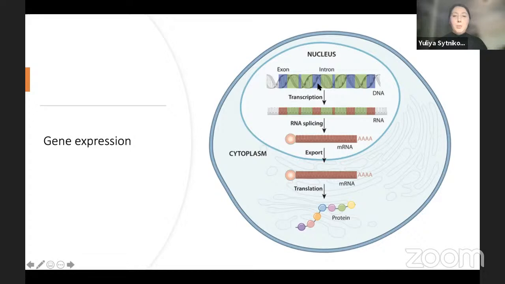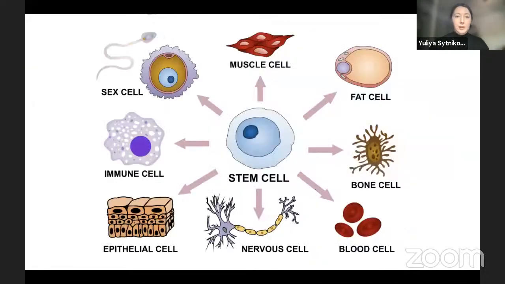Everything starts with transcription of RNA on the template of DNA. Then RNA, after splicing and processing, serves as a matrix for protein expression. And this variety of different proteins serves as the base of a variety of cellular phenotypes across the body. So gene expression, RNA expression, is important for proper cell differentiation and also during disease development.